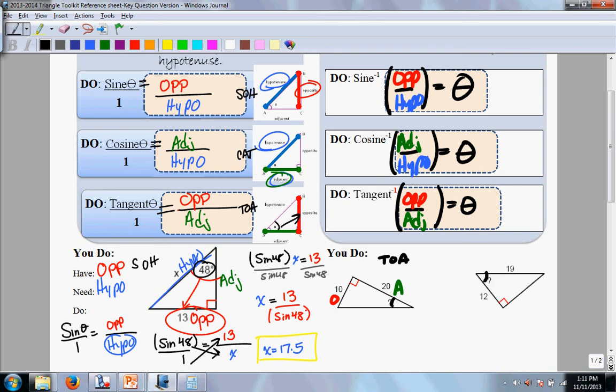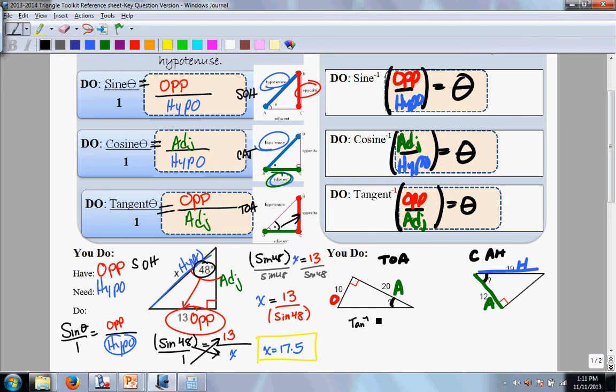inverse tangent. Here, I have an adjacent and a hypo. So that's an AH combo. So for this one, I'm going to use inverse cosine. So now you do your plugins. This one on the left is inverse tangent.